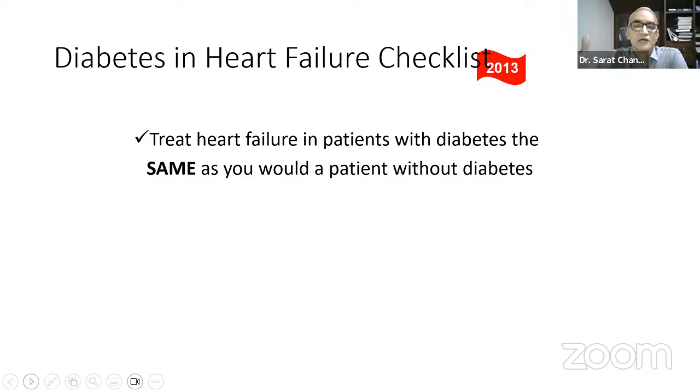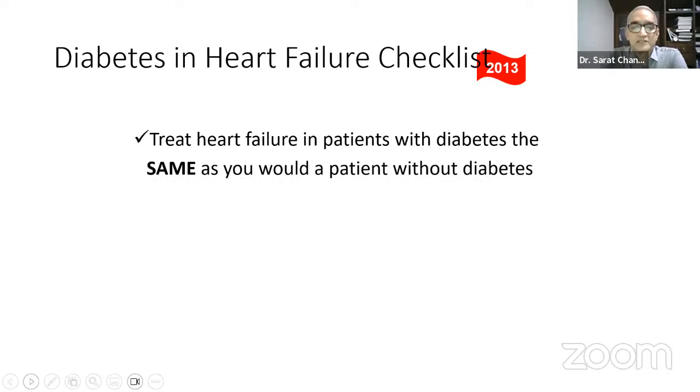The various anti-heart failure drugs, like the MRAs or beta blockers, have all shown pretty impressive results, whether you are treating a patient with diabetes or not. So you need to understand that when you have a patient with heart failure and diabetes, you treat him as aggressively as you would treat a patient without diabetes but having heart failure.